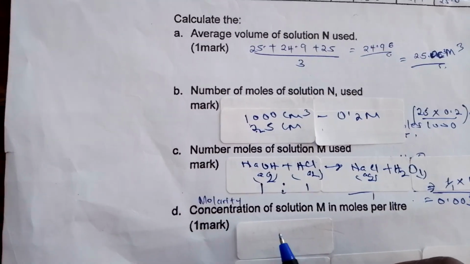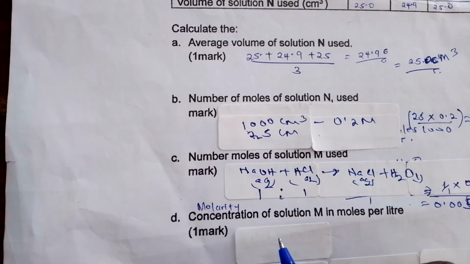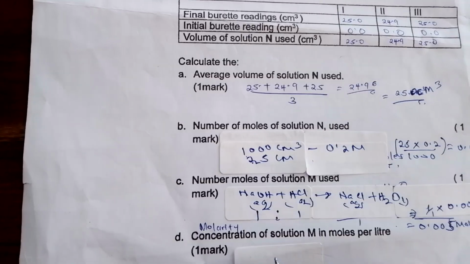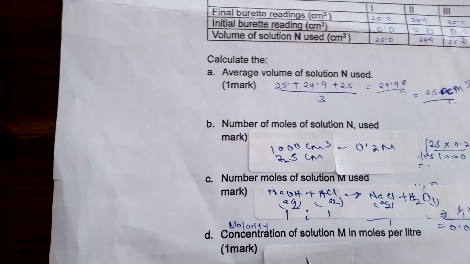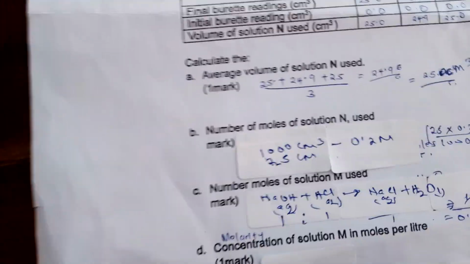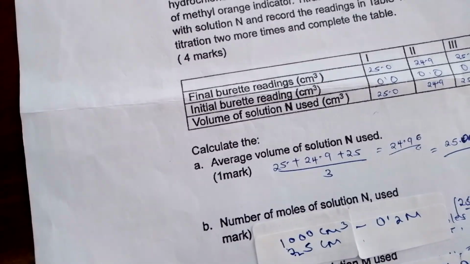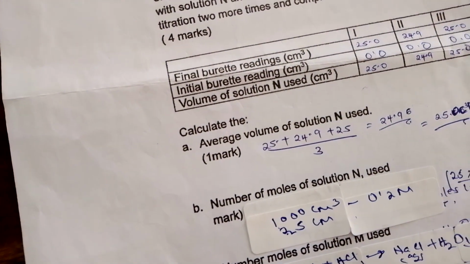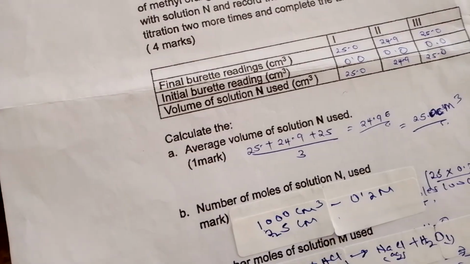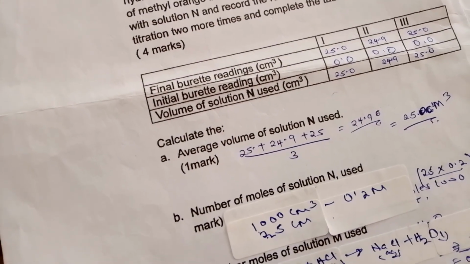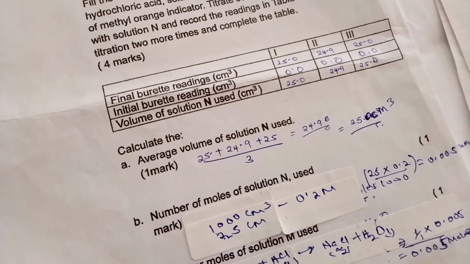So we need to ask ourselves, if 25 cubic centimeters has 0.005 moles, what about in 1,000?